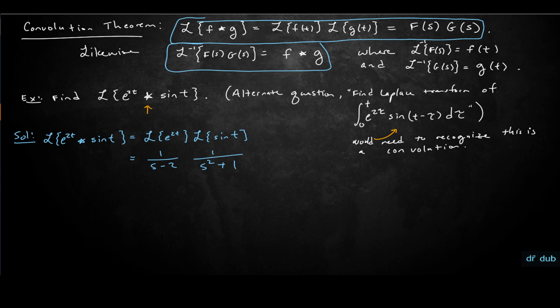And that would be our Laplace transform for this integral, e to the 2t star sine t. It's pretty straightforward actually when it's given like this. Just multiply the two Laplace transforms together. So it's really not too bad.